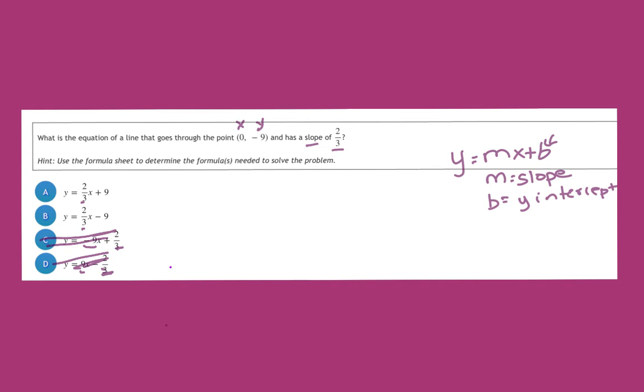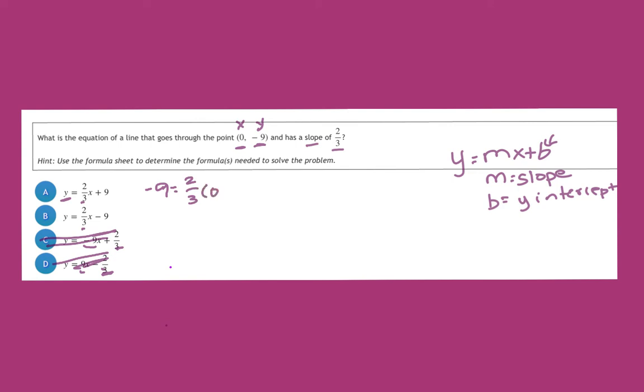So now, as I look at A, if I wanted to determine if that was the equation of the line, I could use these values right here, the x and the y. And instead of writing the letter y, I'm going to write -9, and then I'm going to write equals. And then, of course, the 2/3 remains.